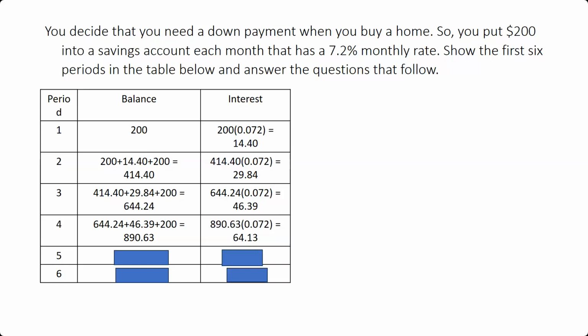So then number 5, or the fifth period, we would take the 890, add the $64 interest plus our $200 down, and what do we get? Gotta help me, or I'm gonna go real quick and flip the page. 1154. And what's the interest? 83.14.